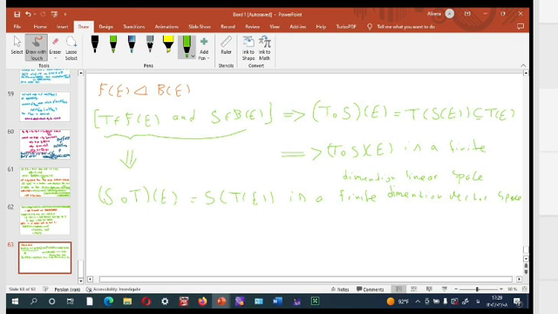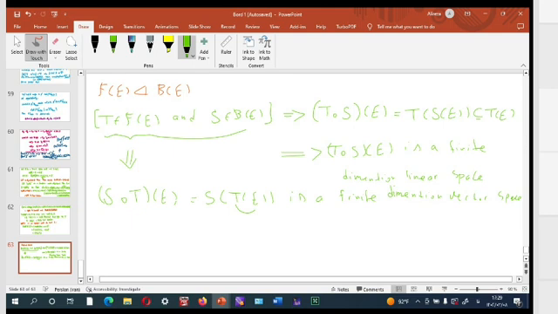And this is very trivial, because T of E is finite dimensional. We know that the image of any finite dimensional vector space is a finite dimensional vector space.